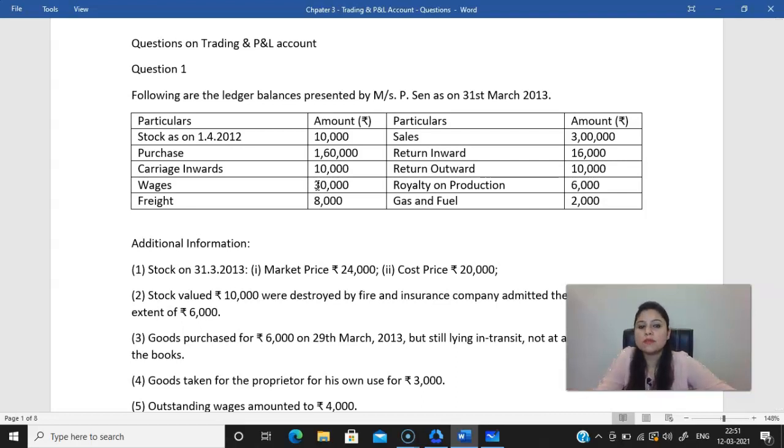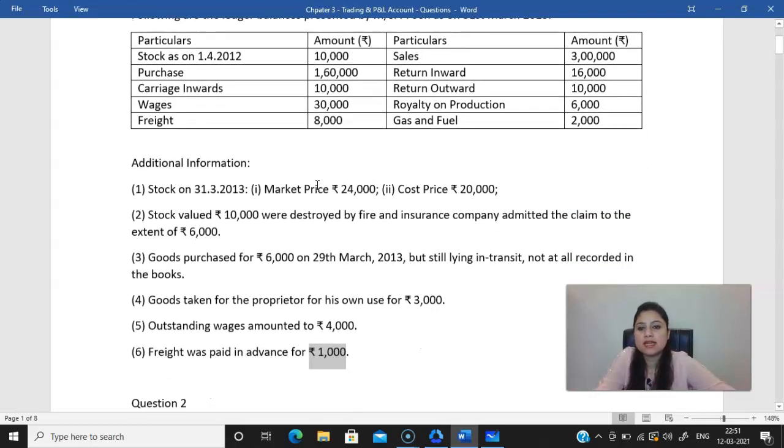First we will do the adjustments given to us: the closing stock valuation, how the fire and insurance claim has to be recorded, how the goods purchased which are still lying in transit need to be added back to the purchases, how to show goods taken by the proprietor for his own use in the books of account, then the outstanding wages adjustment, as well as the freight that has been paid in advance for rupees 1,000.